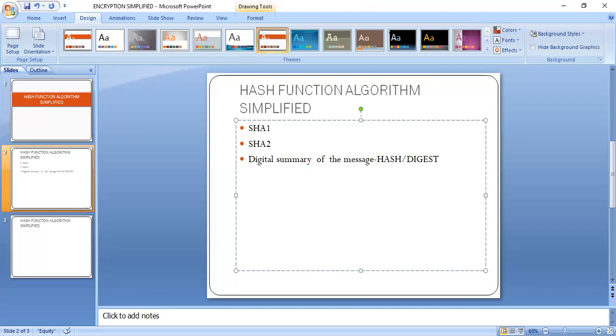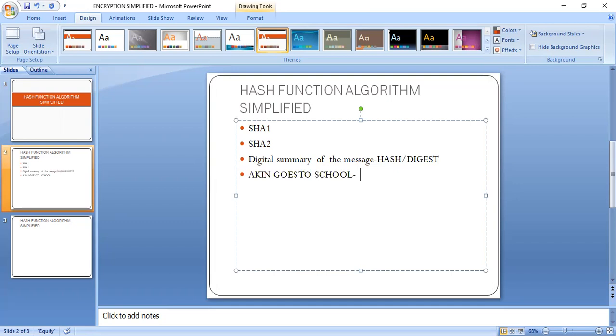So let's assume I have something like this: Aki goes to school. Just to be simplified. Aki goes to school. So I can find a hash. I will use maybe SHA1, SHA2, MD2, message digest 2, whatever algorithm that is applicable. I can hash this message.